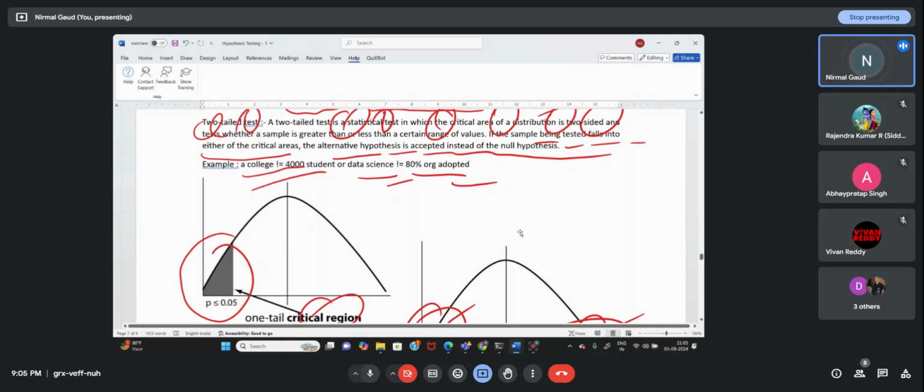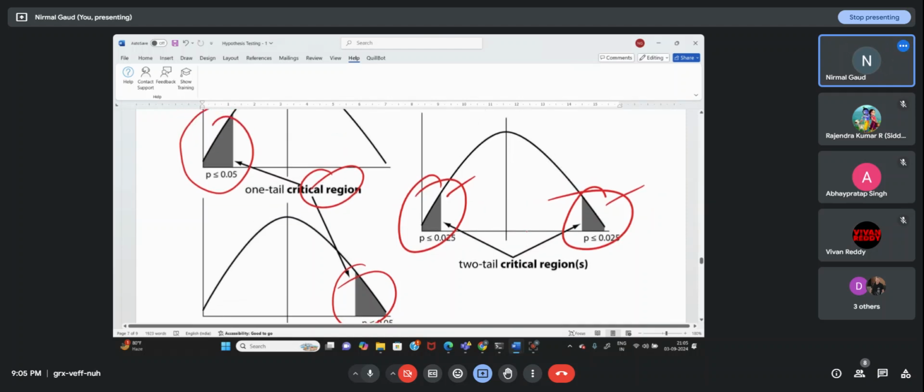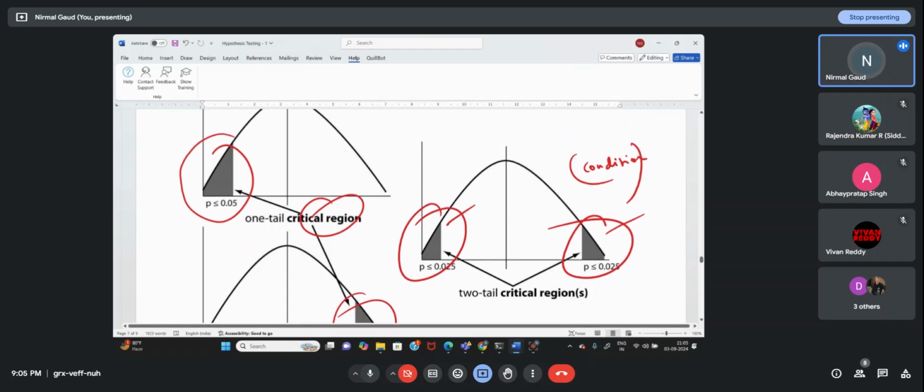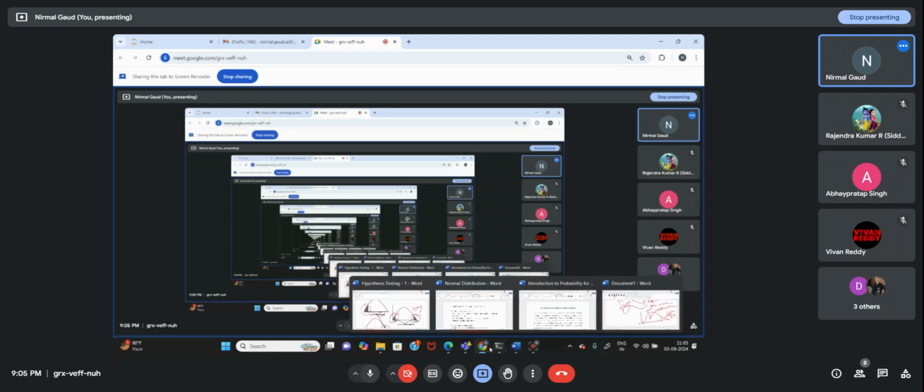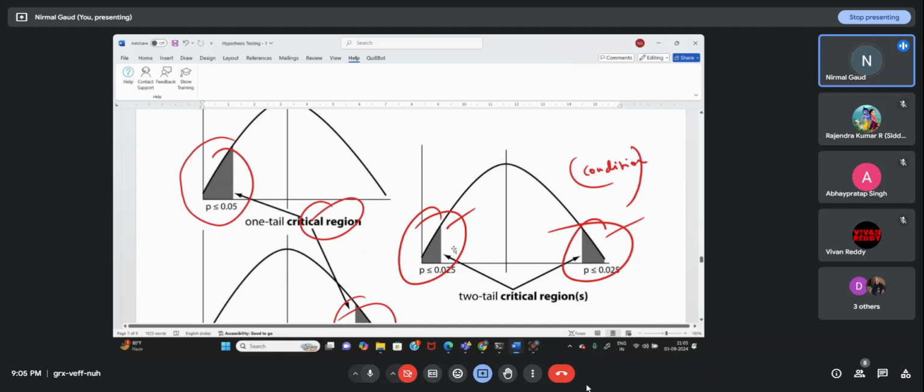Okay, पूरे पूरे पर chances हैं. It's not like that you are having a critical region at one side only. No, you may have it on both the sides also. Okay, that's what they have made two tail. Depends upon the condition. You may have critical regions on either of the sides or on both the sides. Okay, fine. So remember this thing, very important.